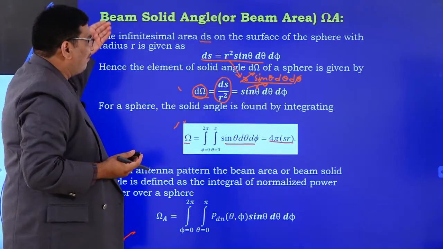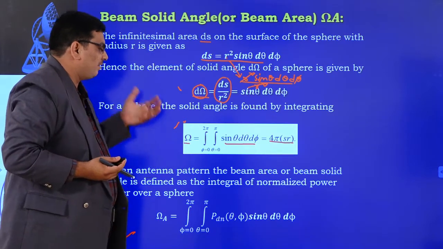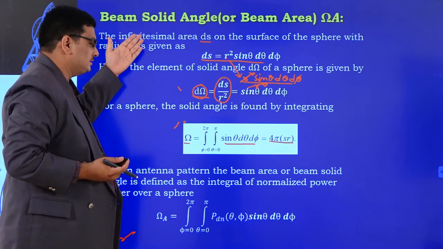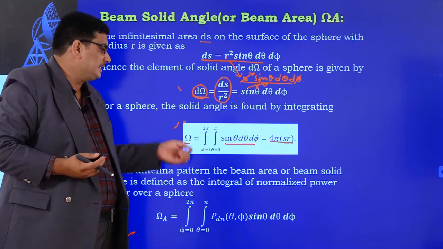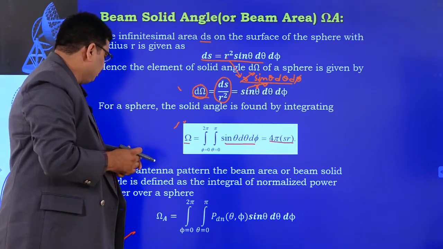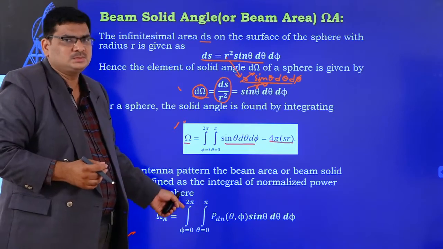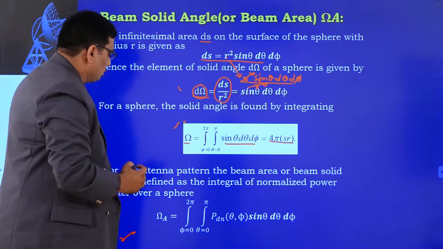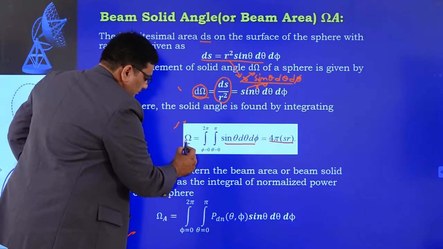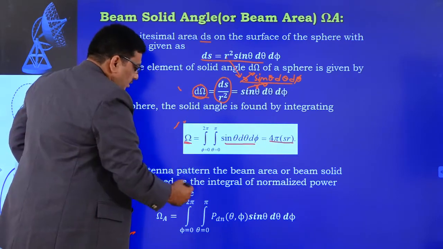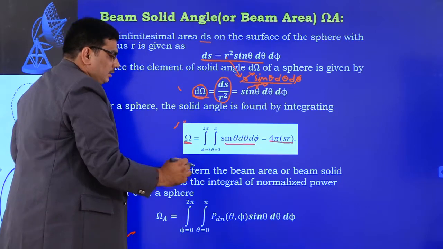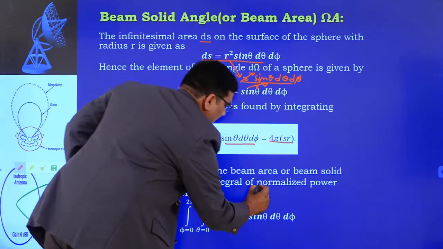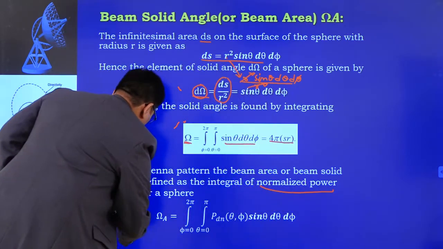So our original definition of beam area, or beam solid angle, is defined as the integral of the normalized power pattern over a sphere.